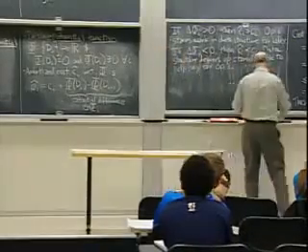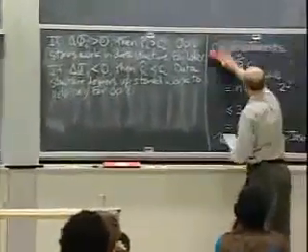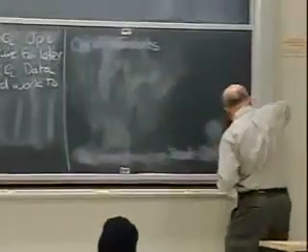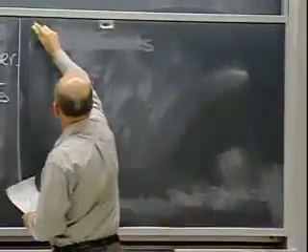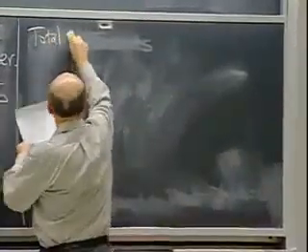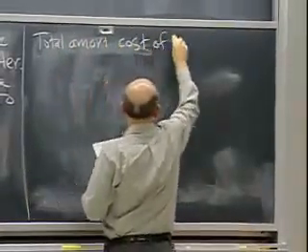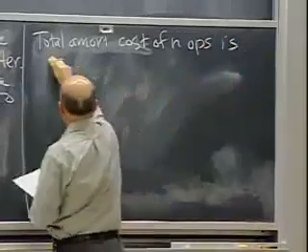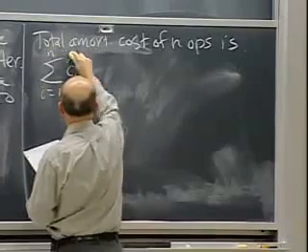So why is this a reasonable way to proceed? Well, let's look at the total amortized cost of n operations. That's just the sum, i equals 1 to n, of c sub i hat.